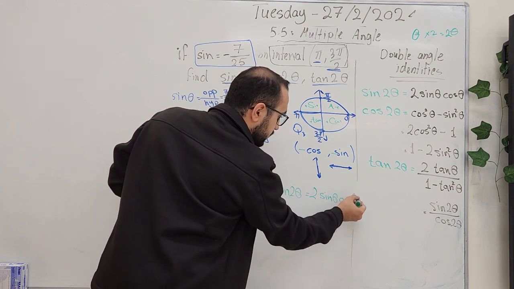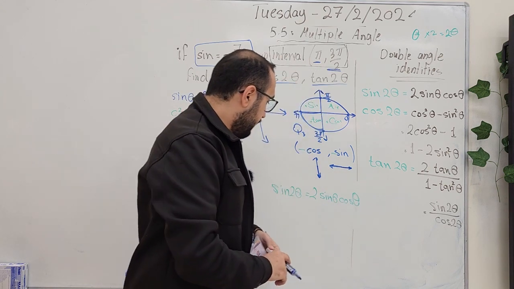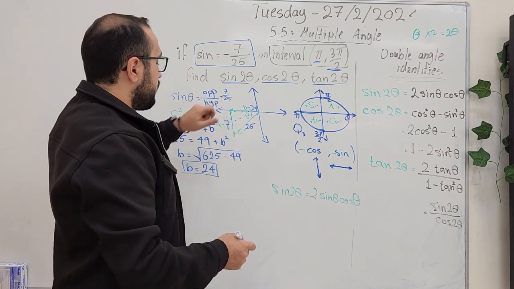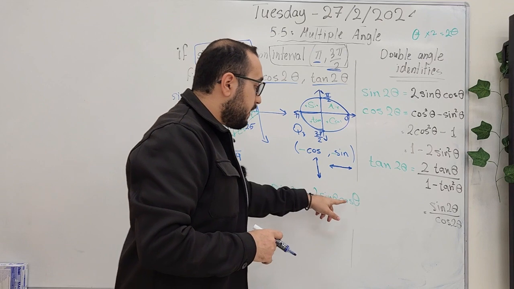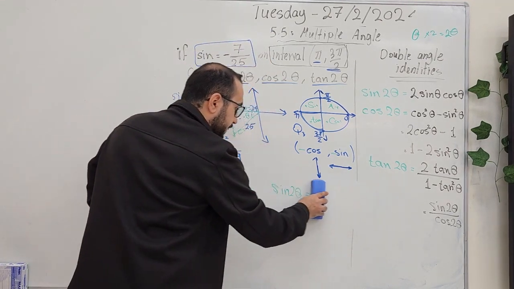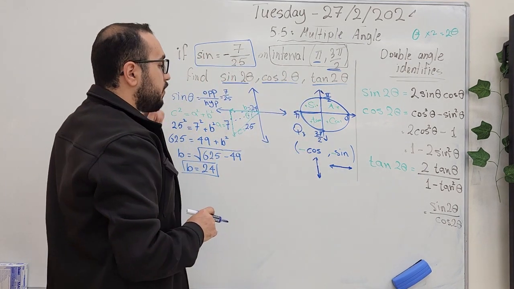Let me erase this one. Cosine theta. Now, if you look here, we have sine. Sine is given, 7/25. We need to find cosine. Before I write the formula, let's find all the ratios of the question.